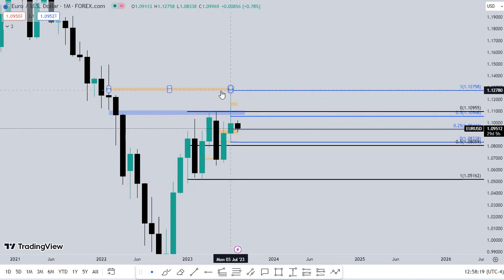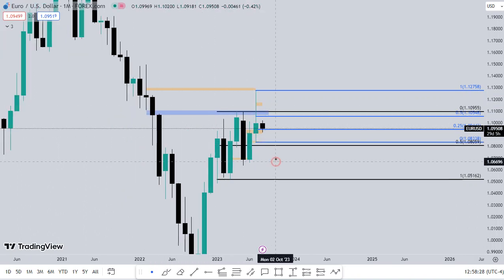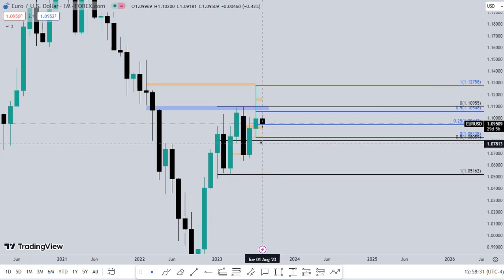So this was a swing failure pattern, I think, and we should expect lower prices on Euro Dollar on the monthly time frame. So where will be the next target?